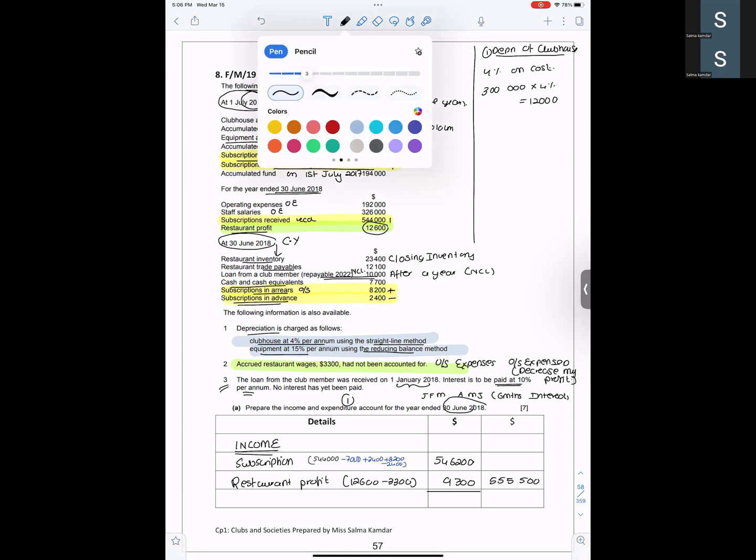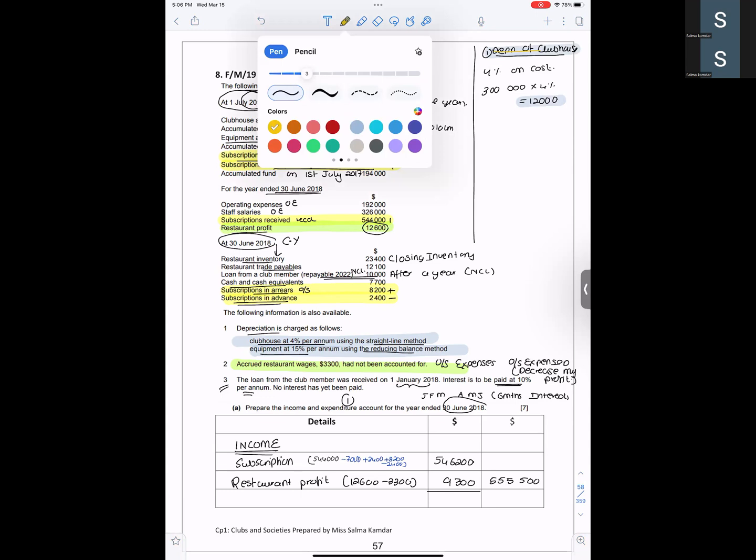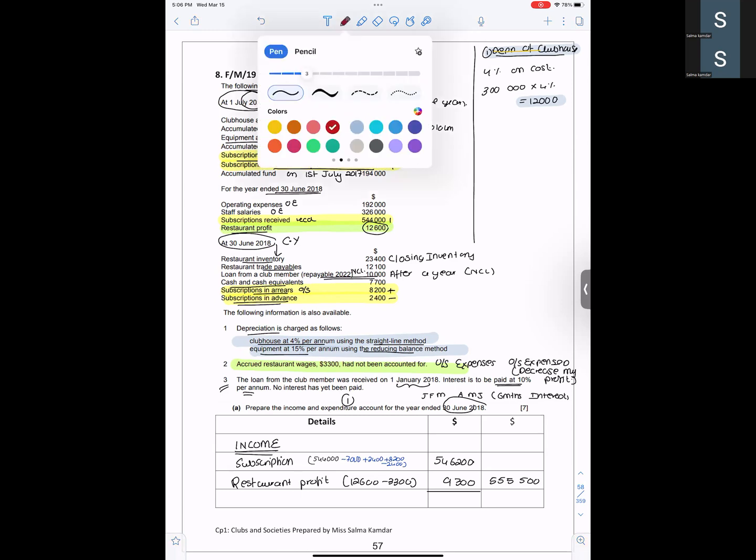So this is my first expense, depreciation on clubhouse. This 12,000, when I am accounting, I will add it, because I also have to prepare a statement of financial position, and this will become an expense for the year.